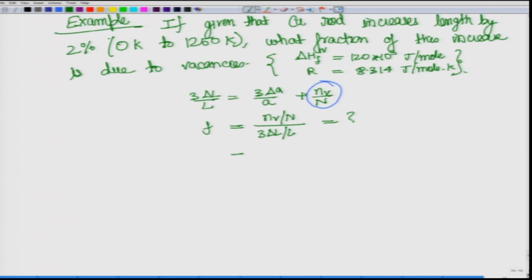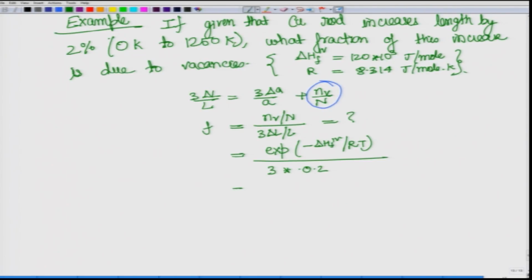Okay. So, here n V by n is very simple. We just need to use the equation, and since we are only given delta HF, we can ignore the entropy term. So, this is exp of minus delta HF 1V by RT, like I said, and 3 delta L by L, where delta L by L is given as 2%, so delta L by L becomes 0.02.